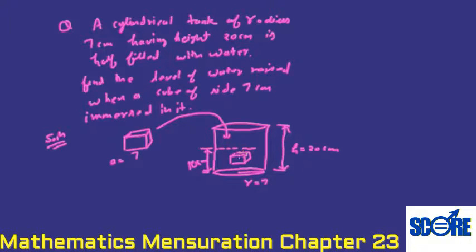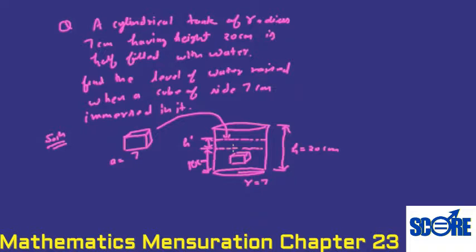The level of the water rises because of the immersing of this cube. So the water level comes up to this level. Let's say the rise in the water level is denoted by h dash.